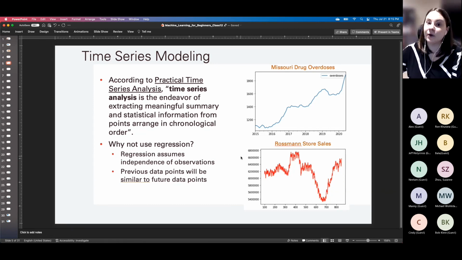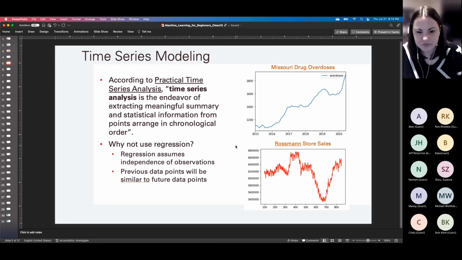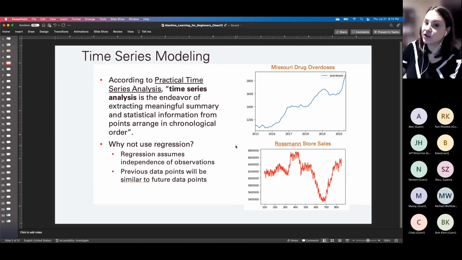But if ARIMA or traditional models work well, I do recommend using them, because once you add more complexity to your model, it has more risk of overfitting, of running into problems in deployment. So simpler is generally better unless there's a good reason not to use it, which often there is. So it's really what your data looks like. ARIMA is overused.